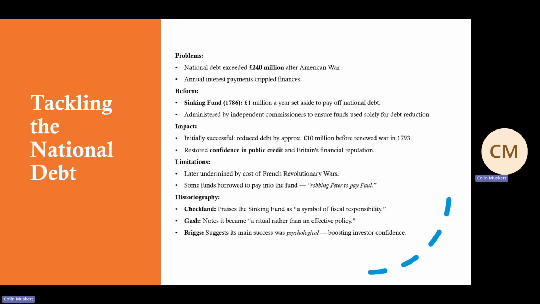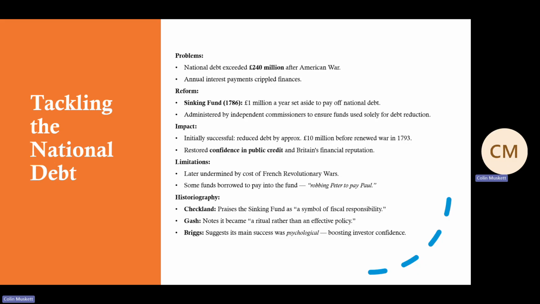Now, tackling the national debt. Obviously, as we've established, the national debt exceeded £240 million after the War of America, and the annual interest payments were crippling the public finances. So, in your main textbook, you'll need to go back to page 15 now, okay, if you can follow along in there.